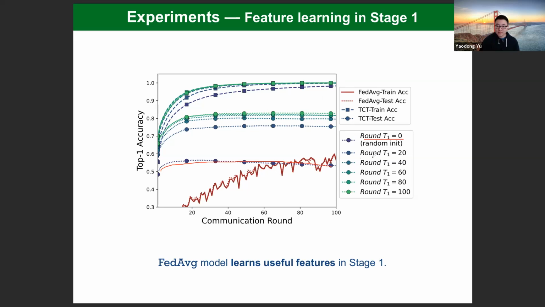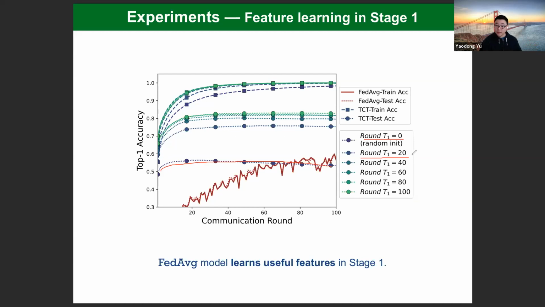But once we have some sort of feature learning, say the number of rounds of federated averaging for phase 1 is 20, we have pretty good generalization performance after 20 rounds in phase 1. After phase 1, in phase 2, we can get pretty good performance.